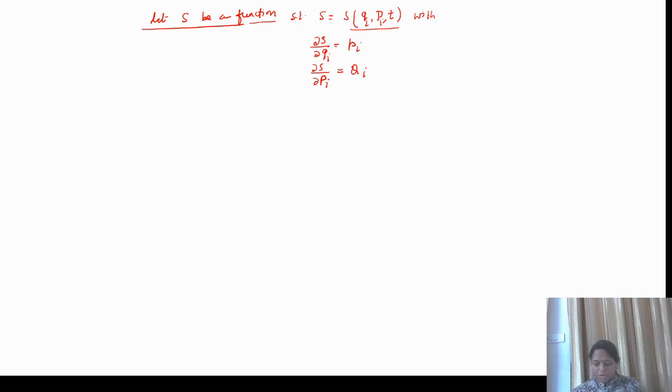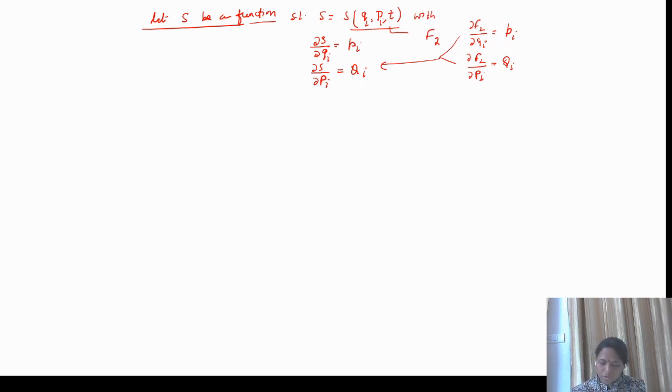Okay? Because it is of the type F2, and for F2 we know that delta F2 by delta q_i is equal to p_i, and delta F2 by delta capital P_i is equal to Q_i. So using these two relations we find these two equations, right?